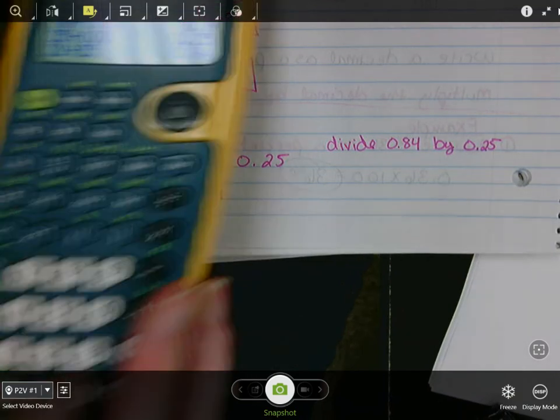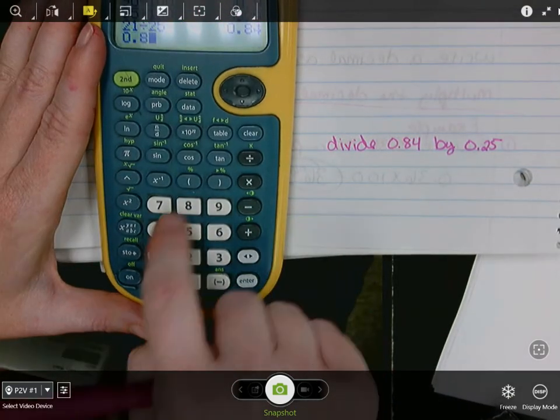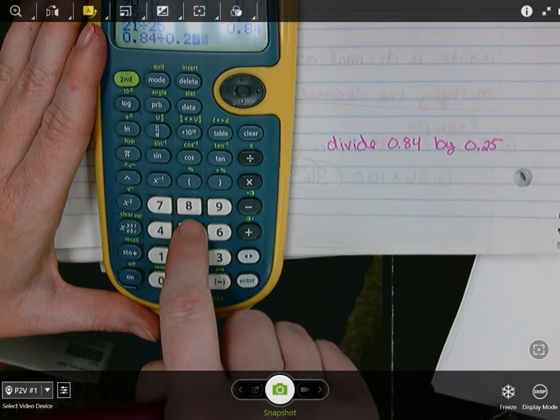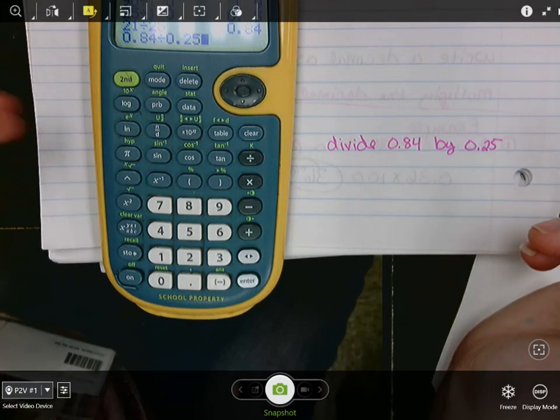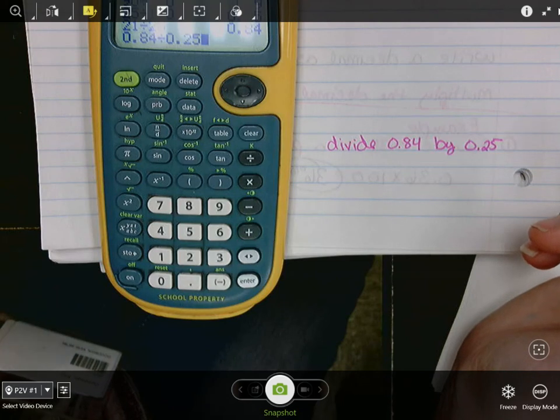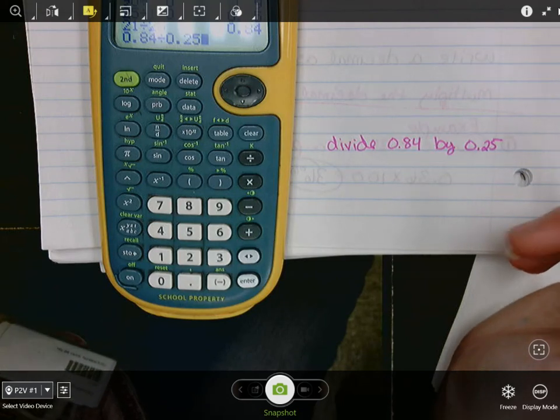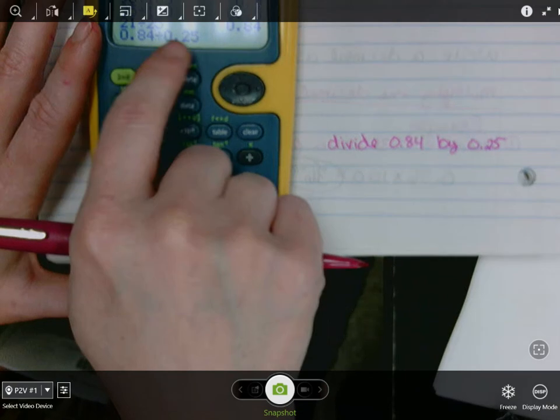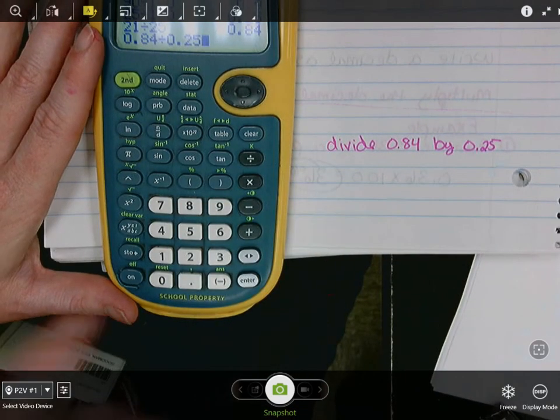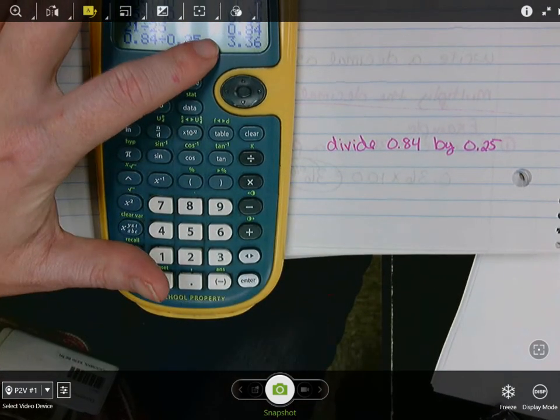So in your calculator, do 0.84 divided by 0.25. Anytime it asks you how many times more, you're going to divide. Okay. If it says like how many more, you're going to subtract. But if it says how many times more, you're going to make sure you divide. So do 0.84 divided by 0.25, and you get 3.36.